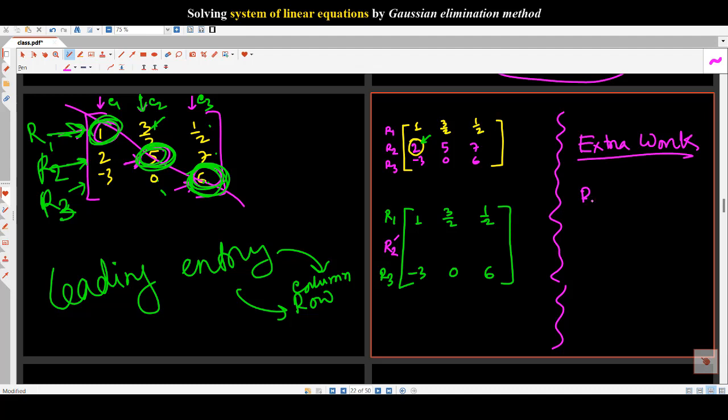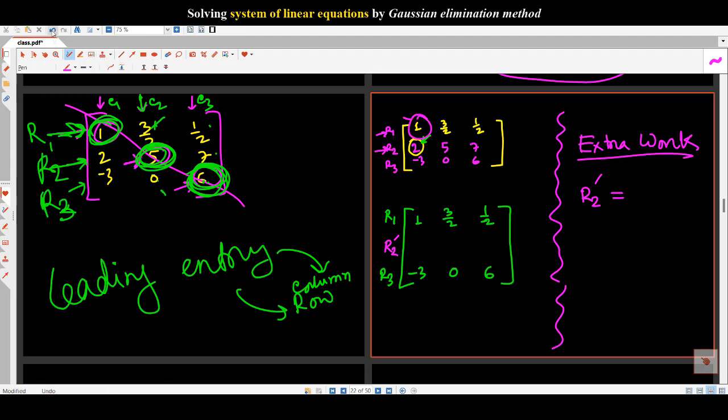So R2 prime can be found with 0 entry if we do addition of R2 with R1, because in R1 we have the leading entry.